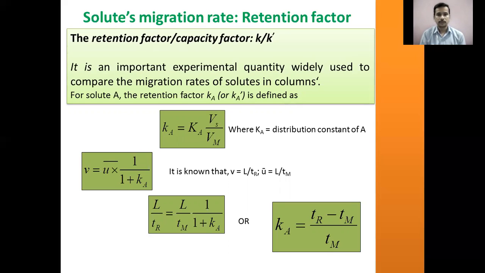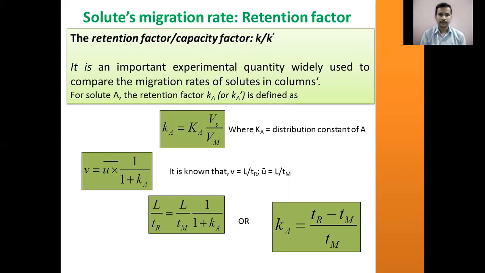Retention factor is also known as capacity factor, which is denoted by lowercase k or k dash. This retention factor is a solute characteristic with respect to the column. So this value of k will be different from one column to another column. Whatever solute you are separating, you have to calculate the capacity factor or retention factor.